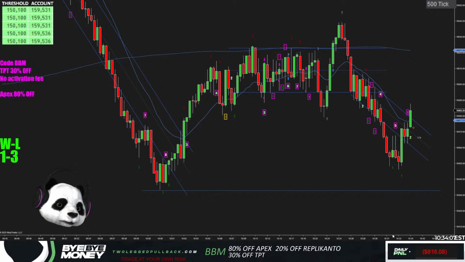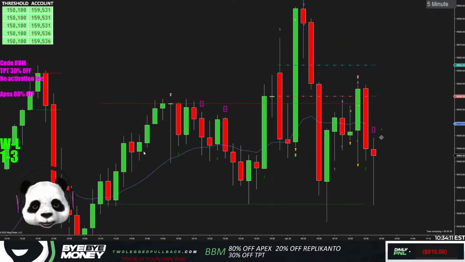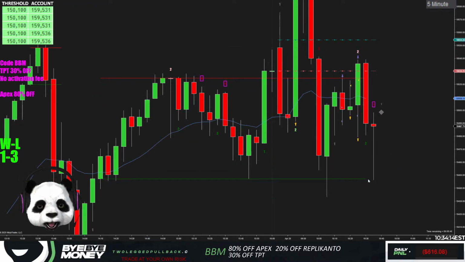Second short here, but look at this. 5-minute trading range. Hits the bottom of the range almost perfectly. Just ricochets off of it. So sick.